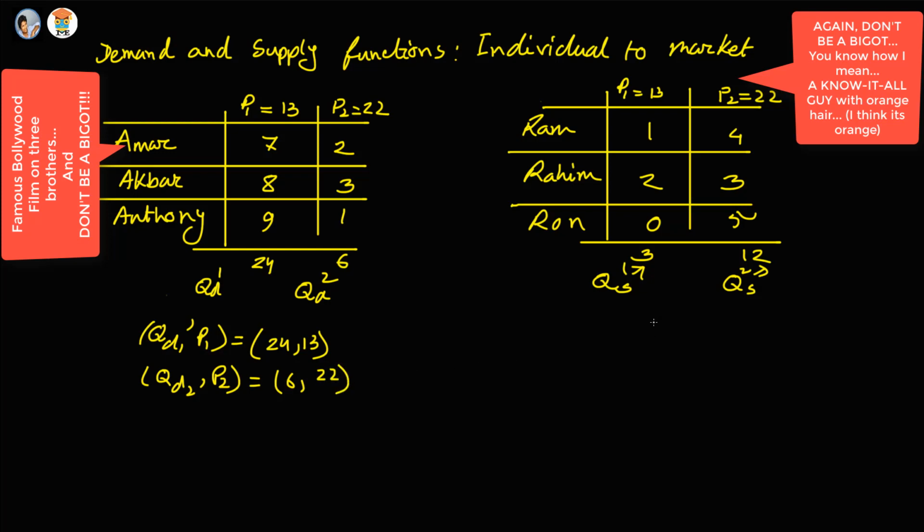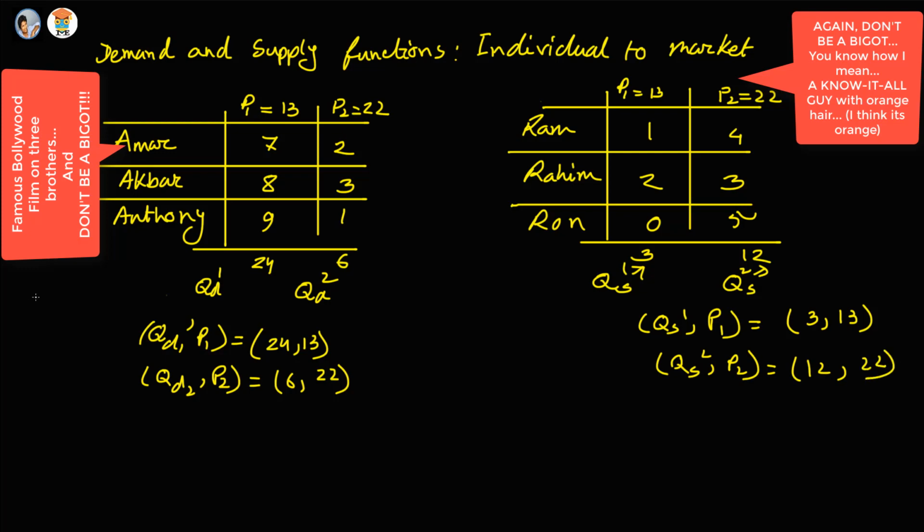Similarly, if we assume that there are just three suppliers who supply these quantities at these two prices, we can have two points: QS1, P1 is equal to 3, 13 and QS2, P2 is equal to 12, 22.